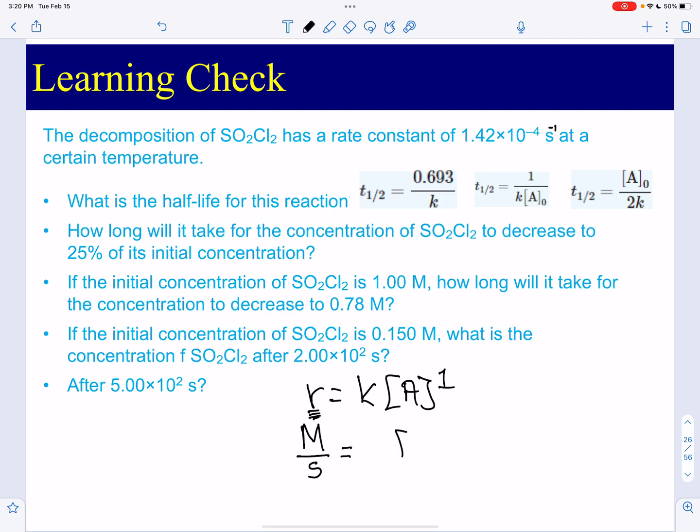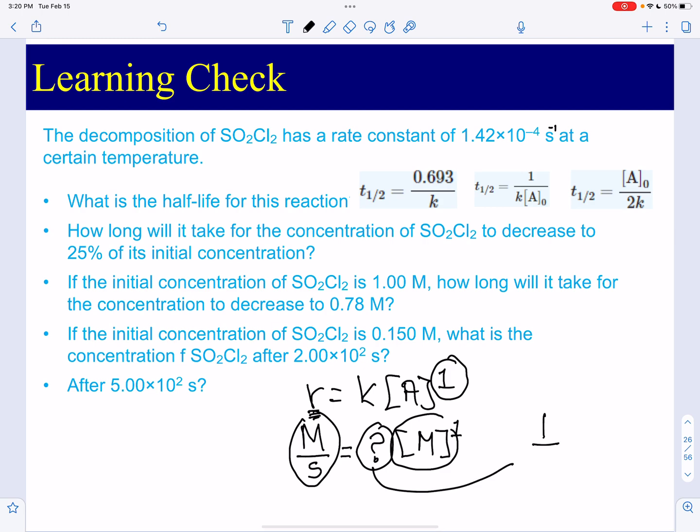We know that the concentration is molarity, and in this case is to the first order. So what will be the units for k? If you have a first order reaction, to get molarity over seconds, when you're multiplying molarity by something, this will have to be 1 over seconds. So molarity times 1 over second gives you molarity over seconds.